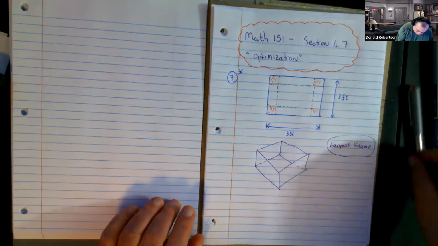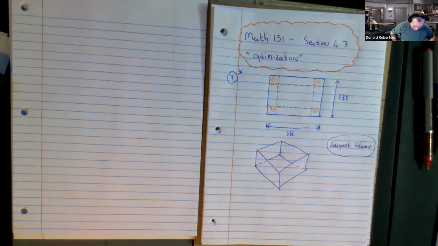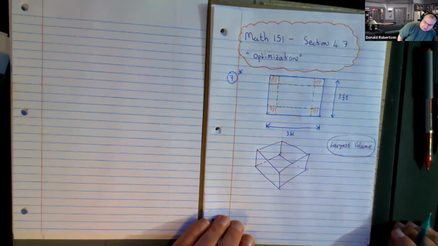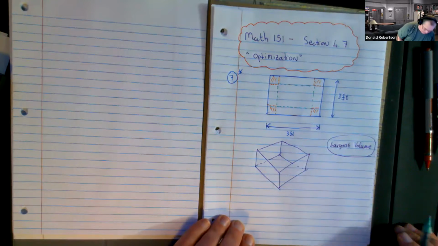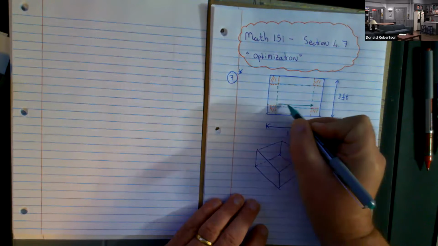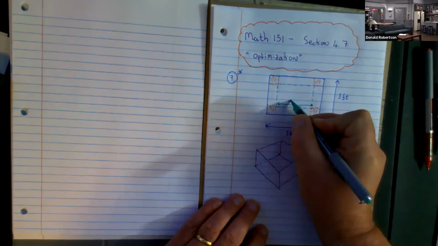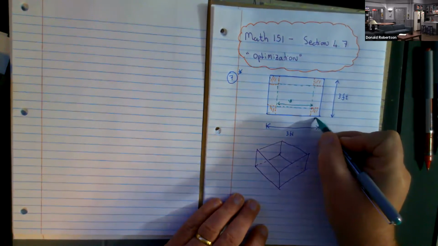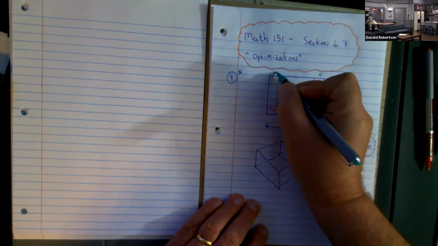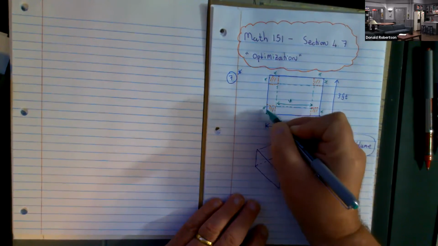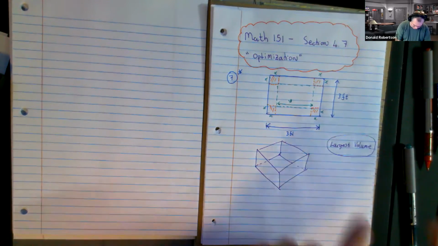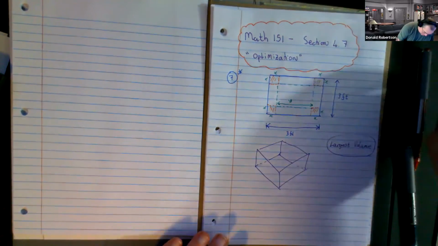So now I have to put in some variables, things that we don't know. If you imagine that the distance from here to here is Y, and that each of these little squares that we cut out are X's, then we've got the beginnings of calculating this.